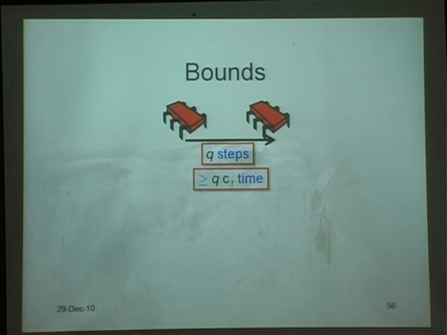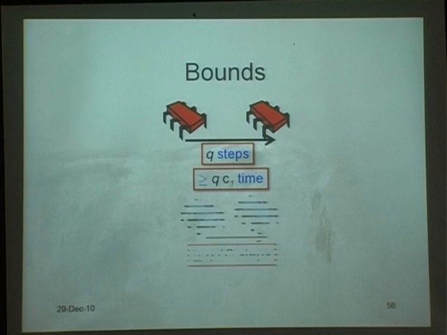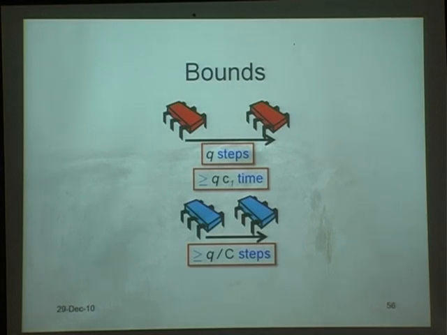Also, if the other process takes q steps, then it must have taken more than q times c1 time, because c1 is the fastest it can go. So in that time I must have taken more than q divided by C steps.